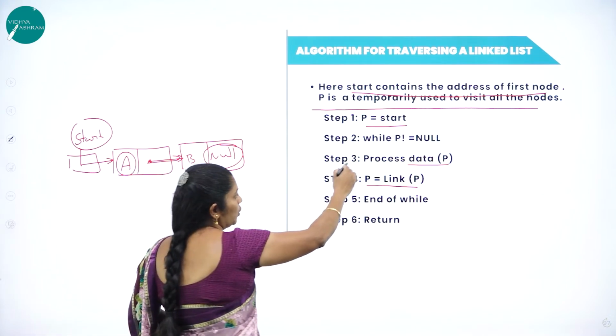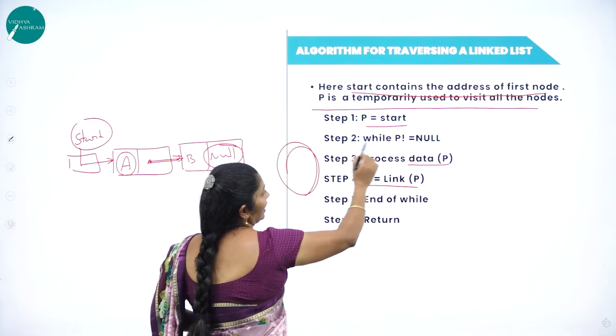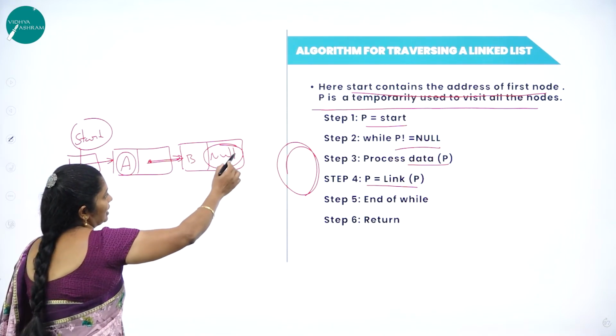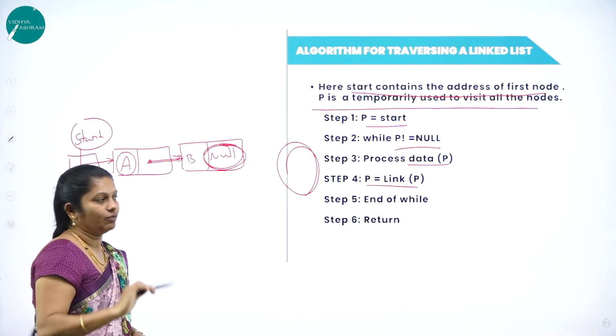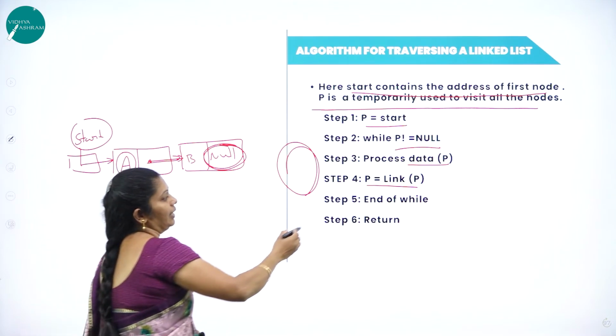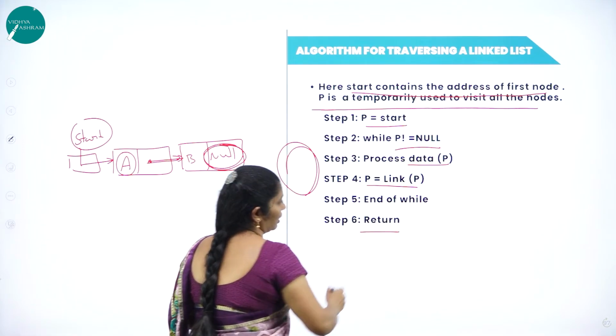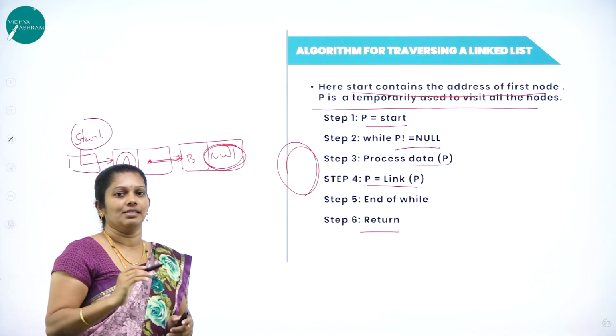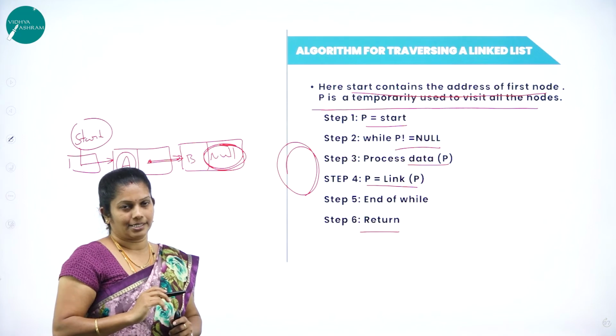Like that, this loop will continue again and again until P is equal to null. Once it reaches null, it will stop processing. End of while loop and then finally return. This is the algorithm to perform traversing in a linked list.